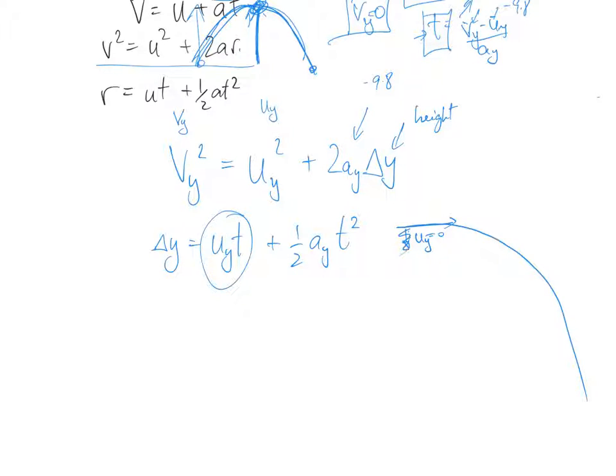So the object is not going down at all, it's heading this way, and then it starts to fall. And so this term here often disappears, leaving you with this part of the equation, which is usually quite easy to work out. You might have 9.8 in there. So if you worked out time, you can figure out maximum height.